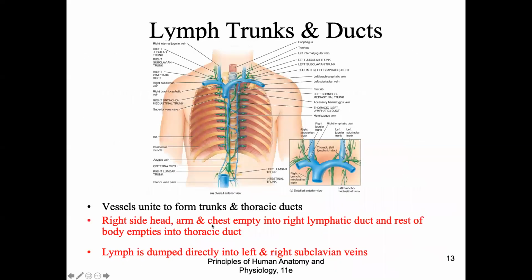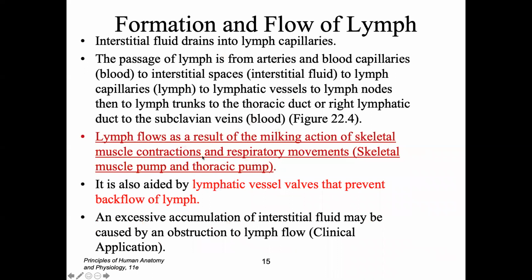Right, so review the thoracic duct and lymphatic duct. Again, here, lymph is referring to the lymphatic vessel, lymphatic fluid. Lymph flows as a result of the milking action of skeletal muscle contraction and respiratory movement. Very similar to a vein, right?